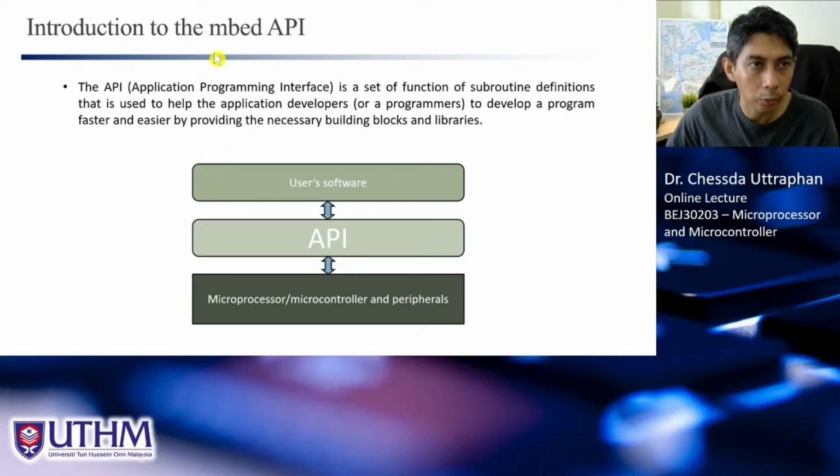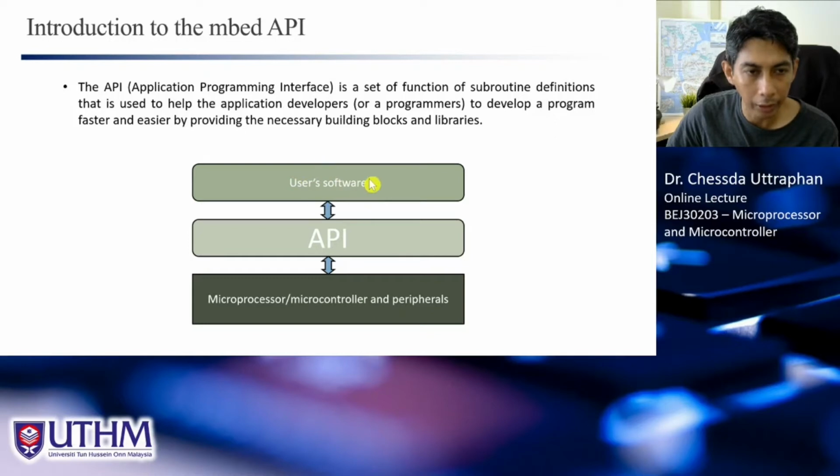This uses what is called the API, or application programming interface. So what is API? API is software, a code, or a program sitting between the microcontroller or microprocessor and the peripheral or the hardware, and the user software, which is our program.